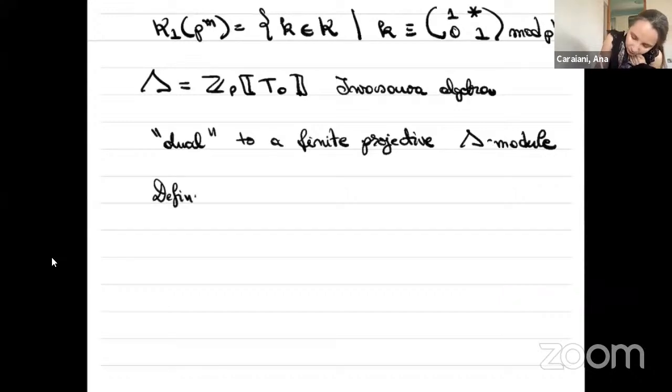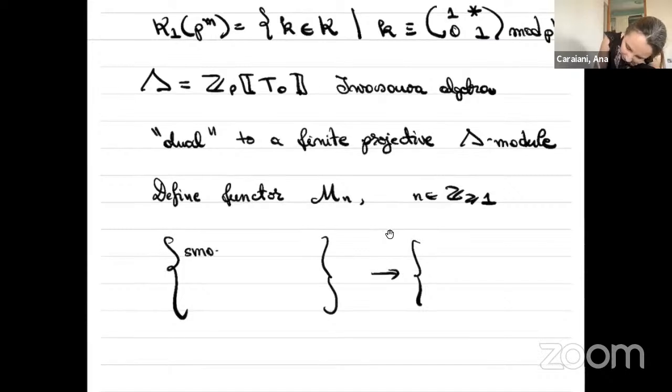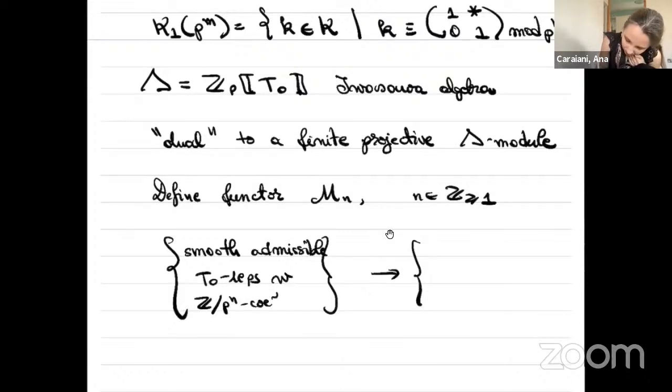So let's define a functor Mn for each n, say n greater than 1, which goes from smooth admissible representations of T naught with Z mod p to the n coefficients, to finitely generated modules over the Iwasawa algebra with Z mod p to the n coefficients.